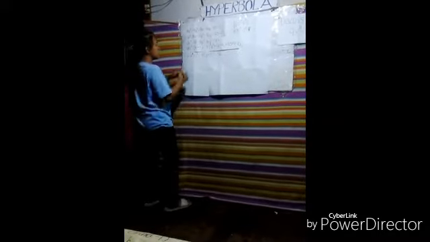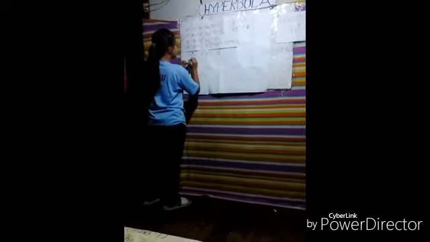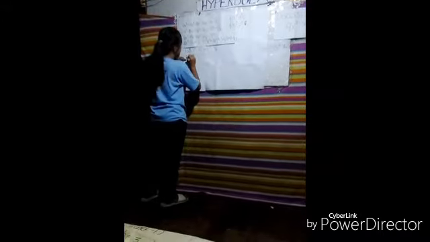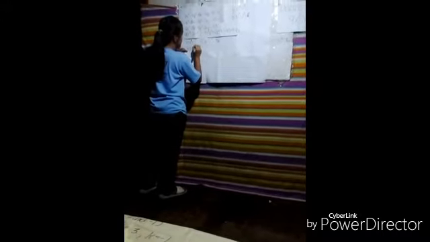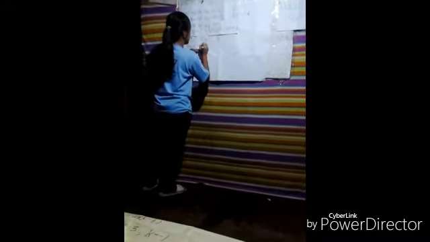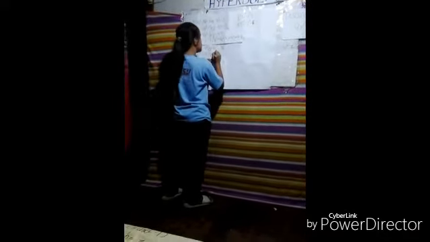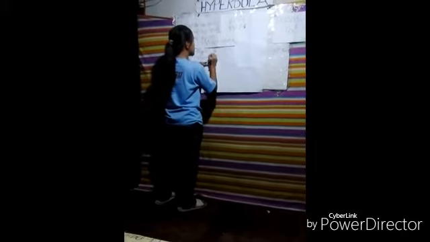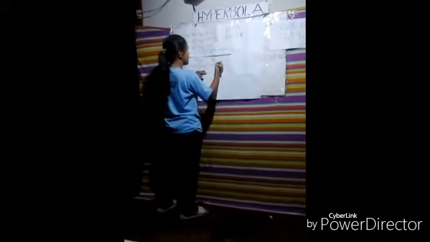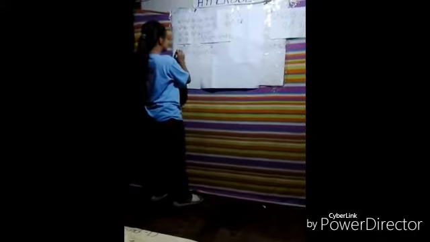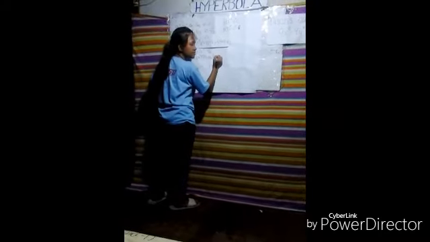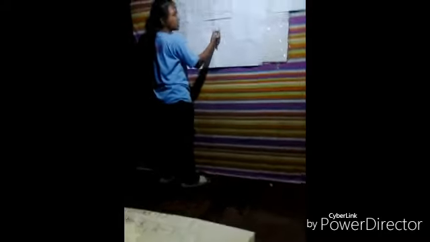Next is 9(x minus 1) squared minus 4(y plus 2) squared equals 36. Then divide by 36 to eliminate this.